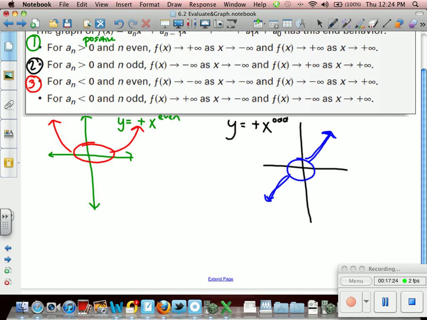When a of n is less than 0, so when it's negative, and your n is even, you've got y equals a negative number times x to an even exponent. With a quadratic, it's squared, right? Quadratics open down. That's what you can remember with this one.